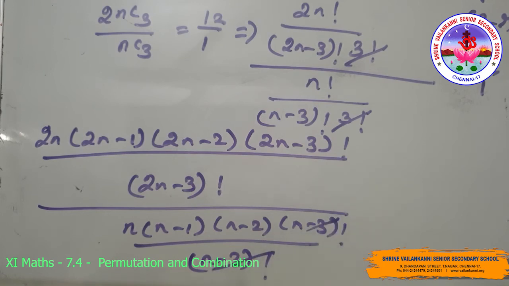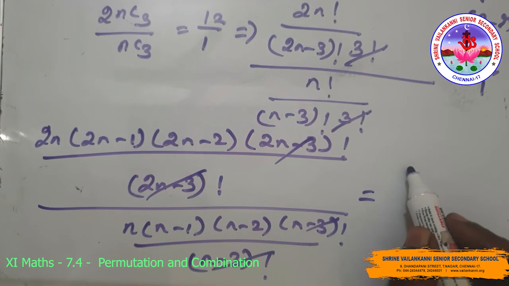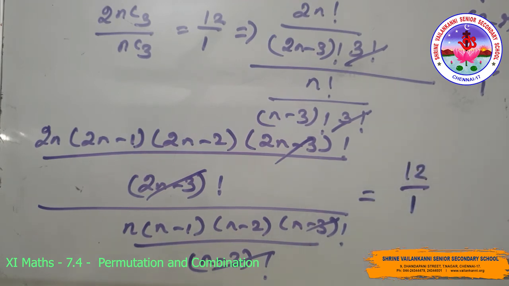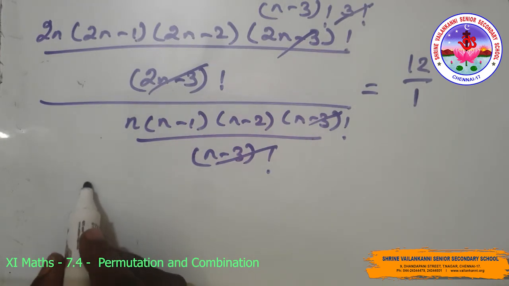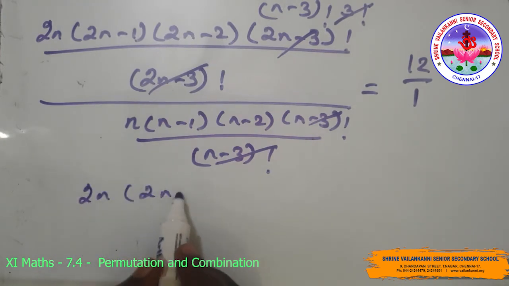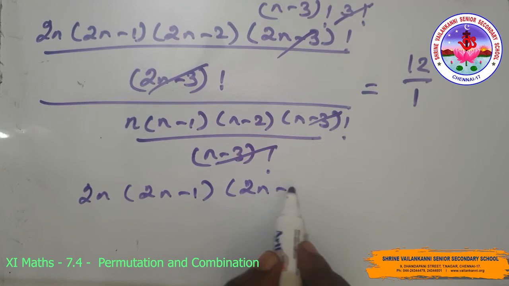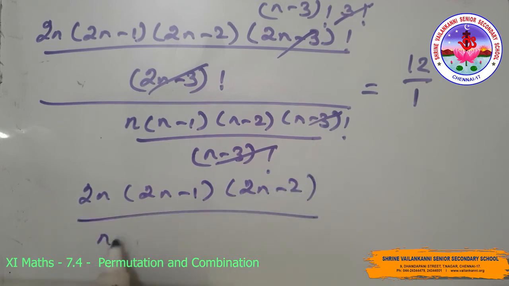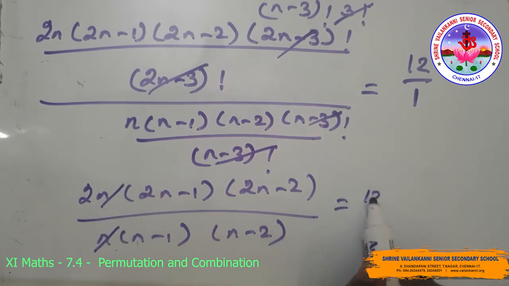So these will get cancelled. Now we have 2n into 2n minus 1 into 2n minus 2 by n into n minus 1 into n minus 2. Cancelling n, which is equal to 12 by 1.